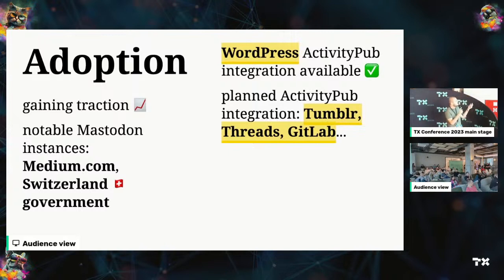Of course, there are also some drawbacks of the Fediverse. There's a lot that you've probably heard today, and it doesn't seem so simple. And that's the largest problem for newcomers to onboard.